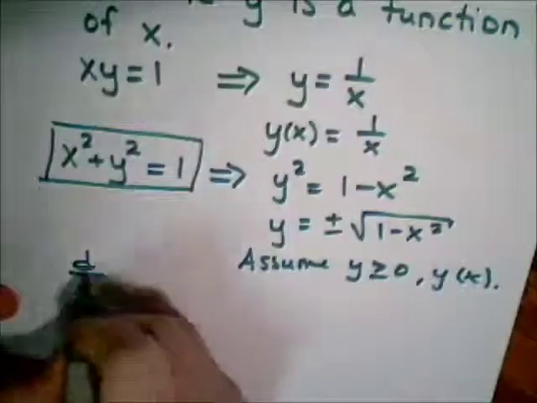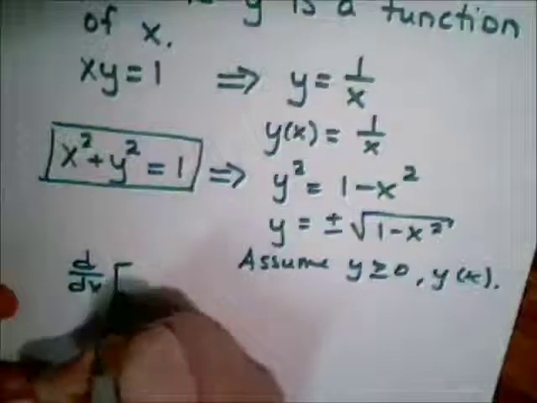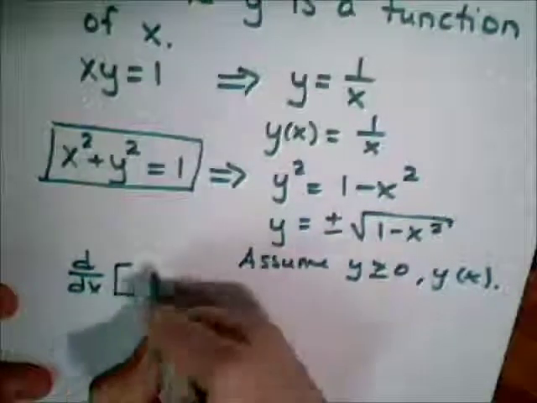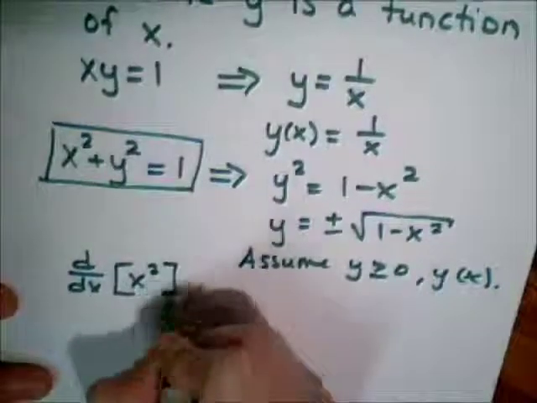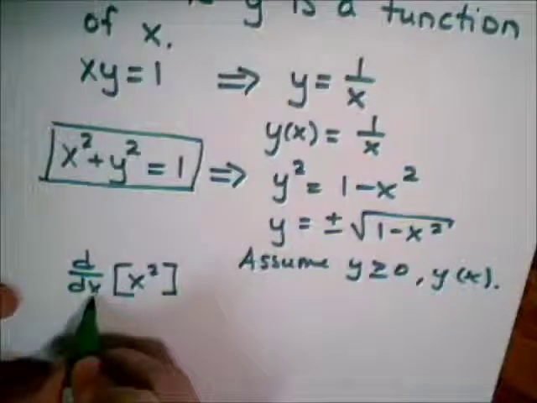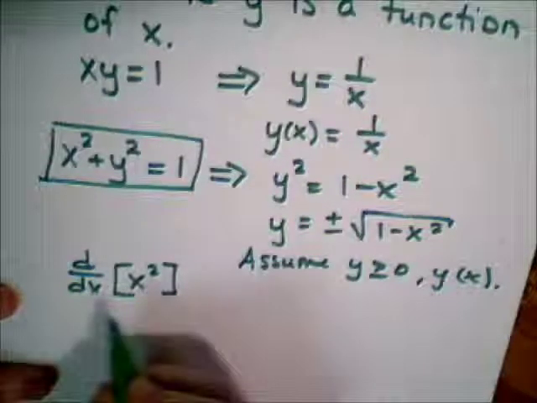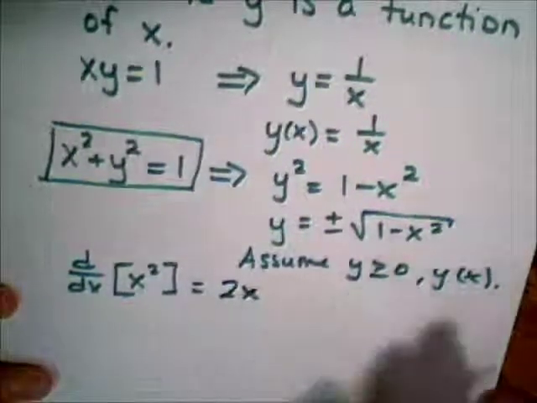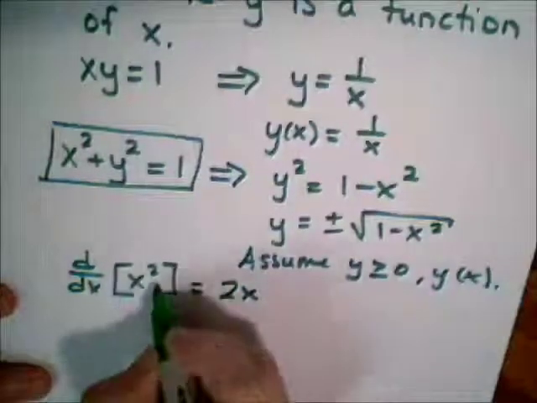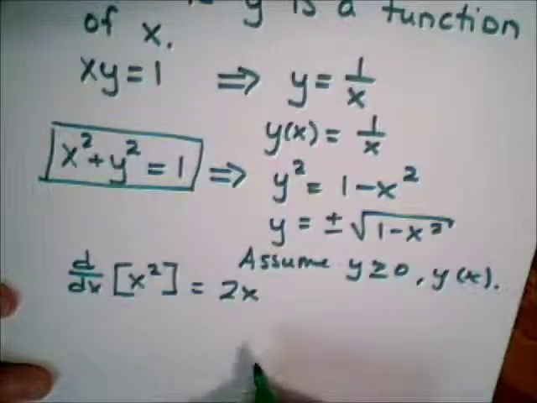If we're looking for slopes of tangent lines, we're going to have to take the derivative of the function. When we take the derivative of a function that's just written in terms of x, with respect to x, we use our basic differentiation rules. For example, the derivative of x squared is just 2 times x.